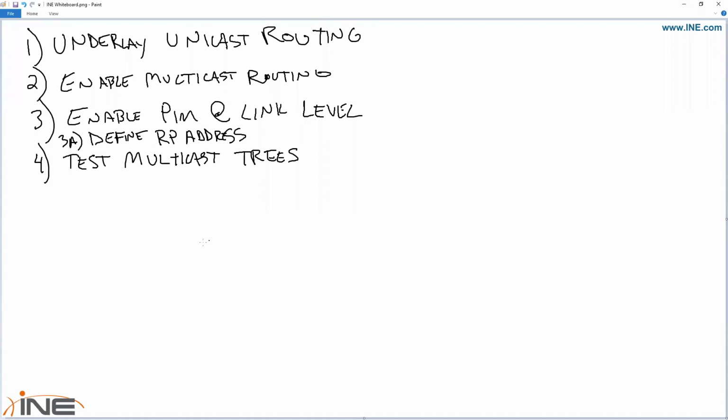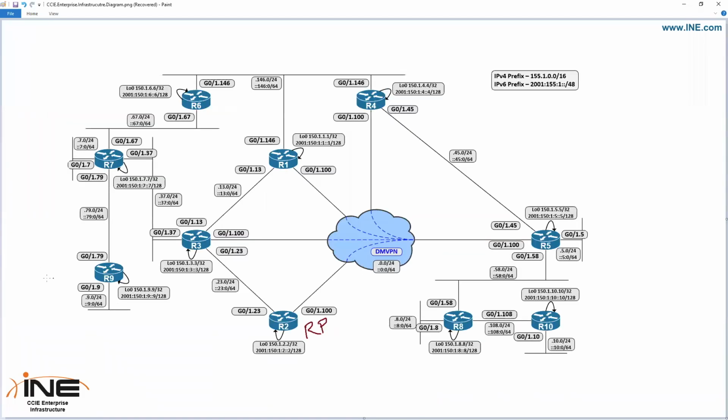Okay, and now we can test the multicast trees. Okay, so we're going to use router 9 as a sender, and we're going to use router 10 as the receiver.